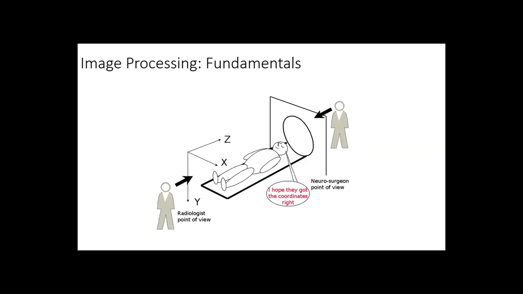They are watching the subject in that way. So this is my XYZ. And this is the neurosurgeon, this is the doctor doing the neurosurgery, and he's looking at the subject's head in another way. So when you talk about left and right, basically you have a mirror, right?